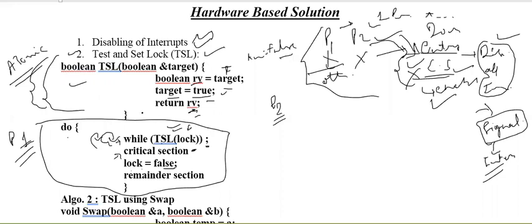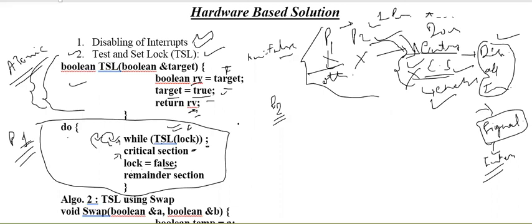No two processes can access this thing in parallel. Only one process will execute this thing, so that the system can avoid the problem which we had picked earlier in producer consumer. So that is the major thing. That is the solution based on test and set lock.